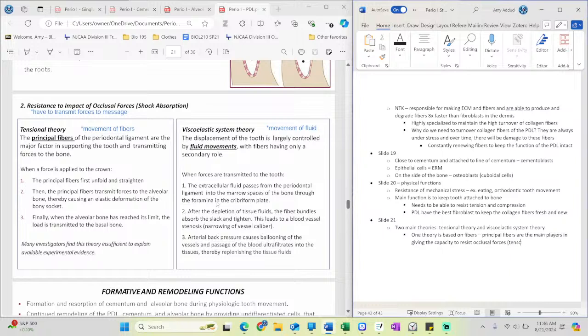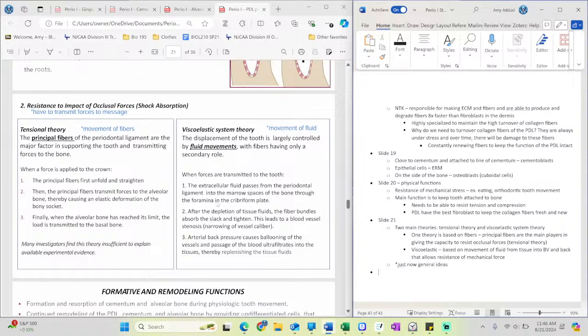The other theory is the viscoelastic system theory, and it is based on the movement of fluid. So one is collagen fibers, the other says it is the capacity to move fluid from the tissue into the blood vessels and back that allows the resistance of mechanical forces. That's the only thing that you need to remember for this.